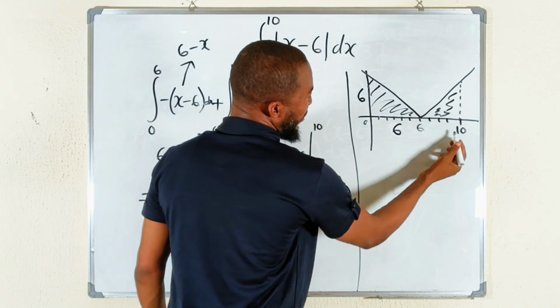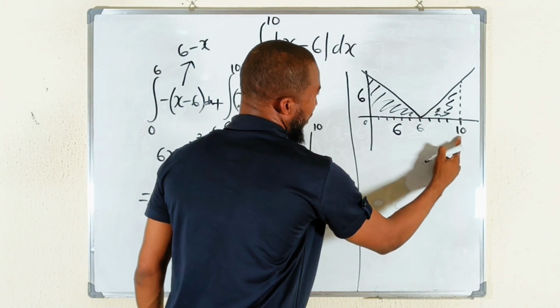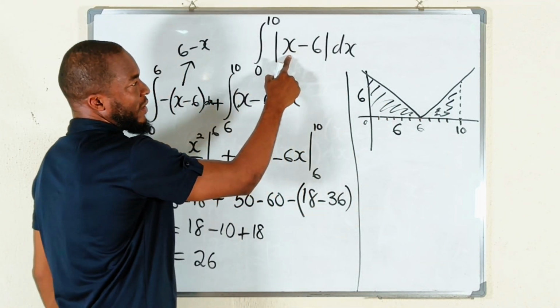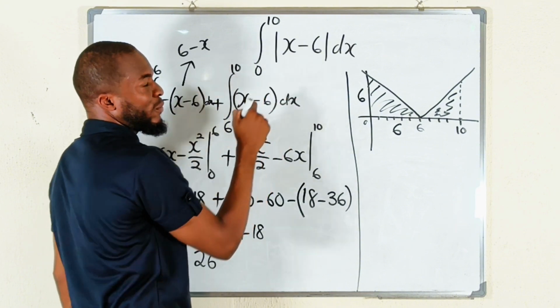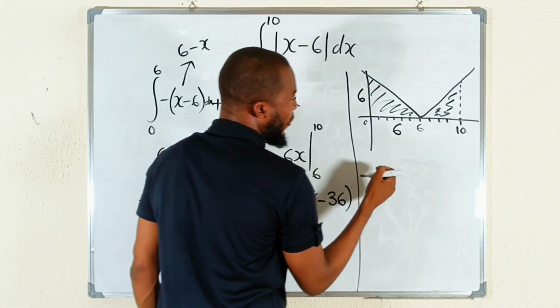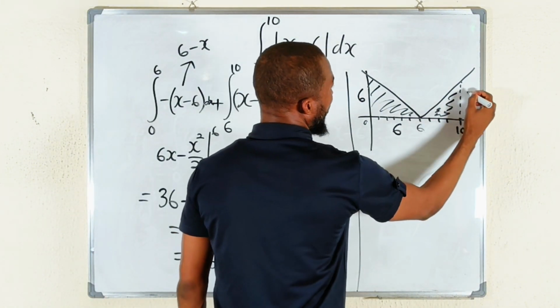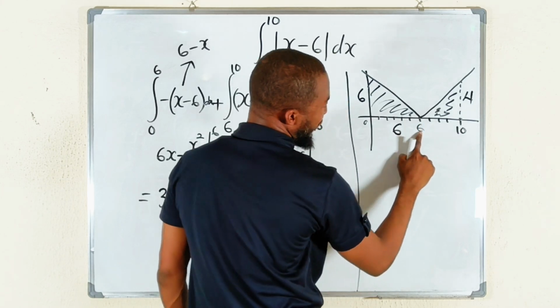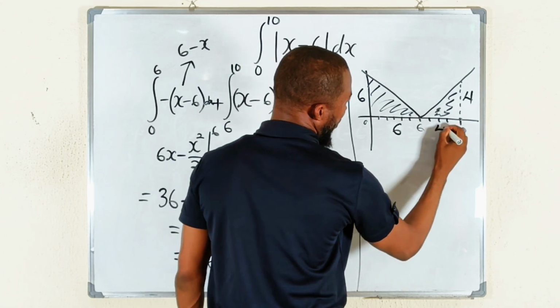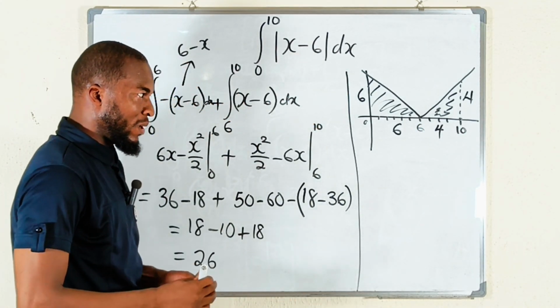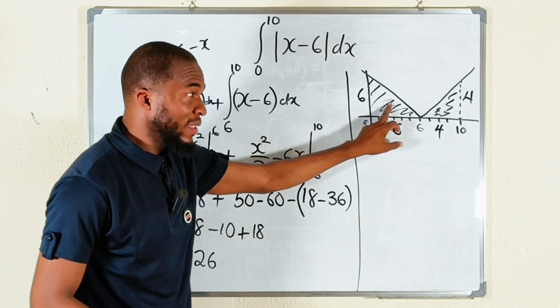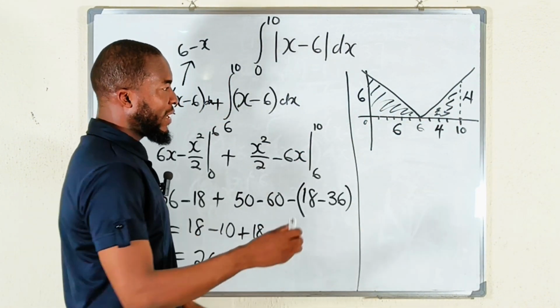And what about this triangle? At this point, x is 10. Plug in 10, you have 10 minus 6, which is 4. The absolute value of 4 is 4. You don't even have to do that here, because you can see from 6 to 10 is 4. Now you can find the area of this, find the area of that, and add together.